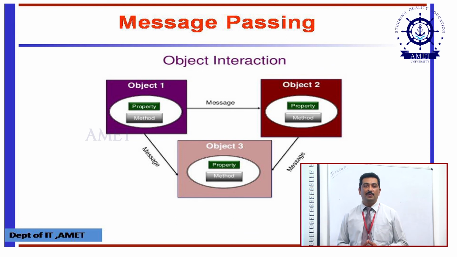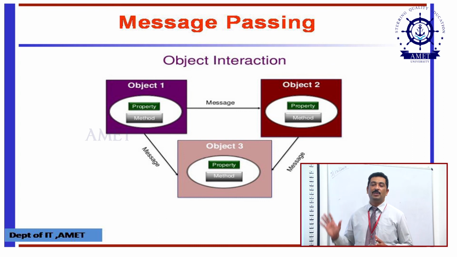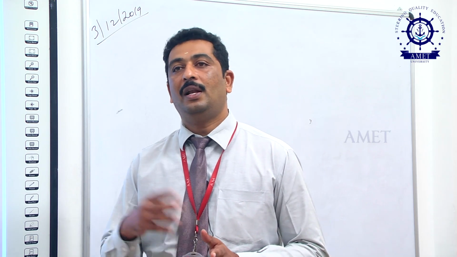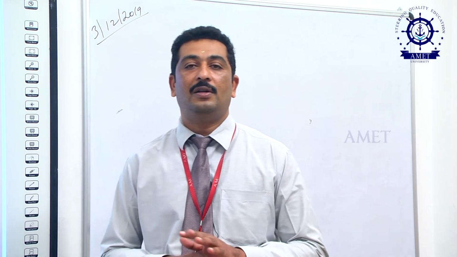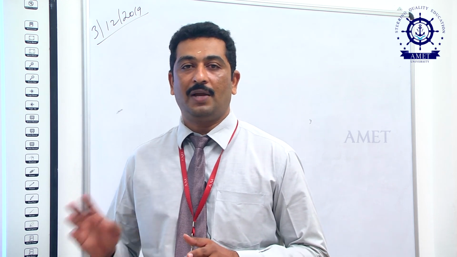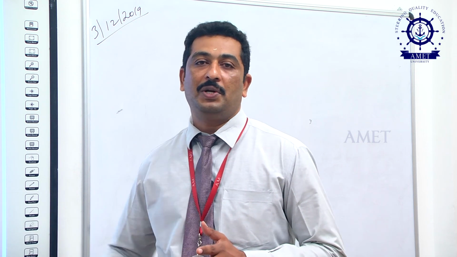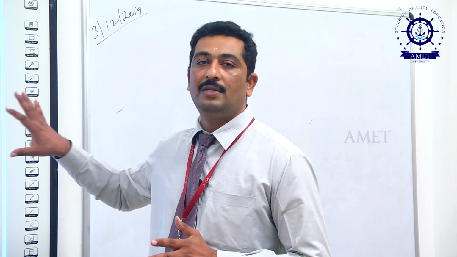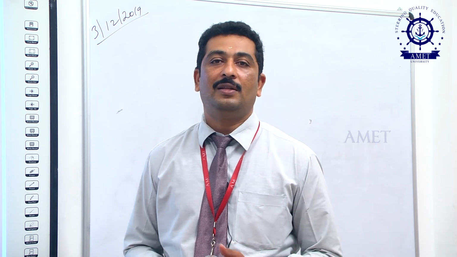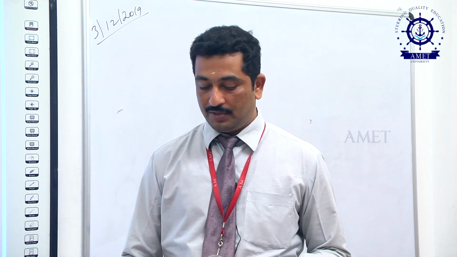What are the languages to achieve these 8 object oriented concepts? Those languages are called object oriented languages. C++ is the first object oriented language. It supports structural as well as object oriented programming. After 1985, many languages were introduced, all called object oriented languages, like Java, C#, PHP. All these languages achieve these 8 concepts. That's why they are called object oriented languages.